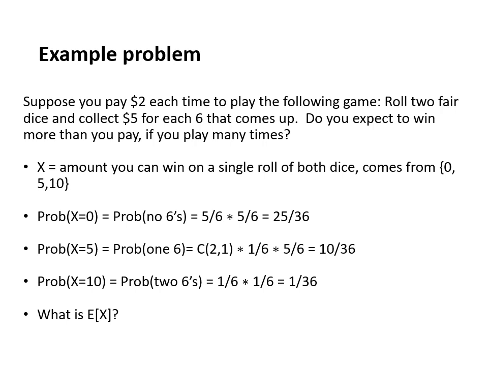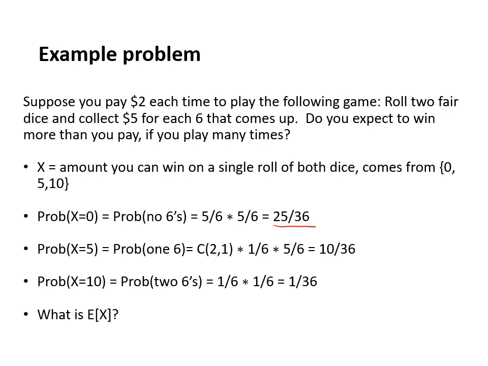The probability that X is 0, which is the probability where there are no 6s, is 5 over 6 times 5 over 6, which is 25 over 36. Why 5 over 6? Because there are 6 possible outcomes, and 5 of them are not 6s. The probability that we roll 1 six is choose 1 out of 2.